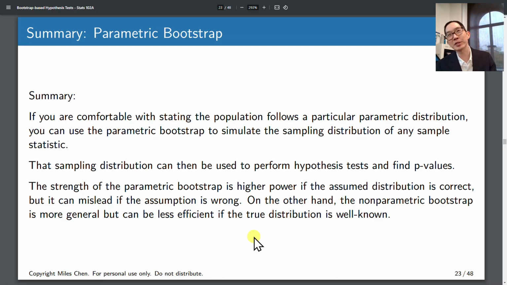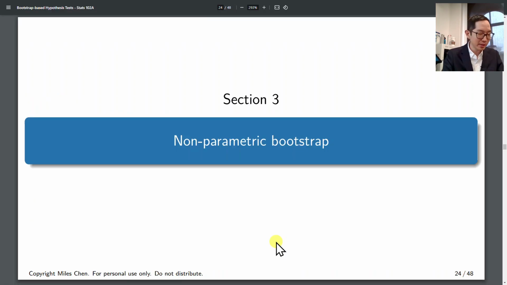No parametric assumptions about the population, but different assumptions. It's going to be less efficient than if you did know the parametric distribution. Making parametric assumptions means stronger assumptions, but they could be wrong.